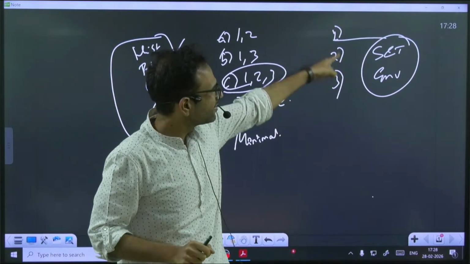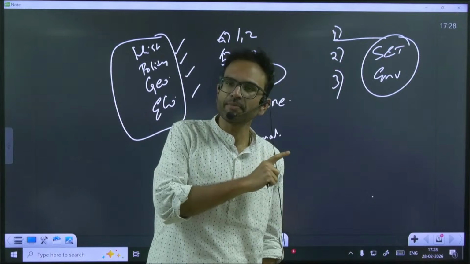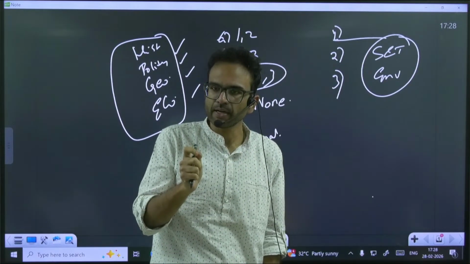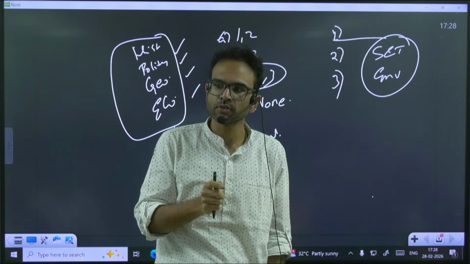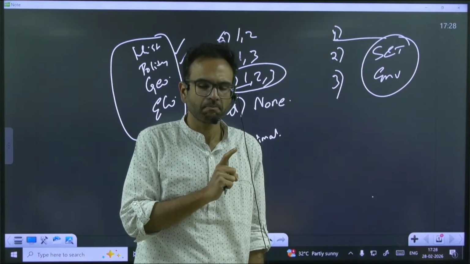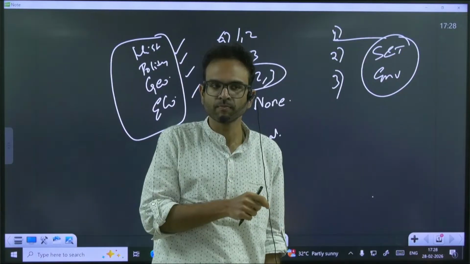Why is this the case in science and tech and environment? Because this is extremely dynamic. If I create a statement which is supposed to be false, it becomes very difficult for a non-science background student to know that fact.